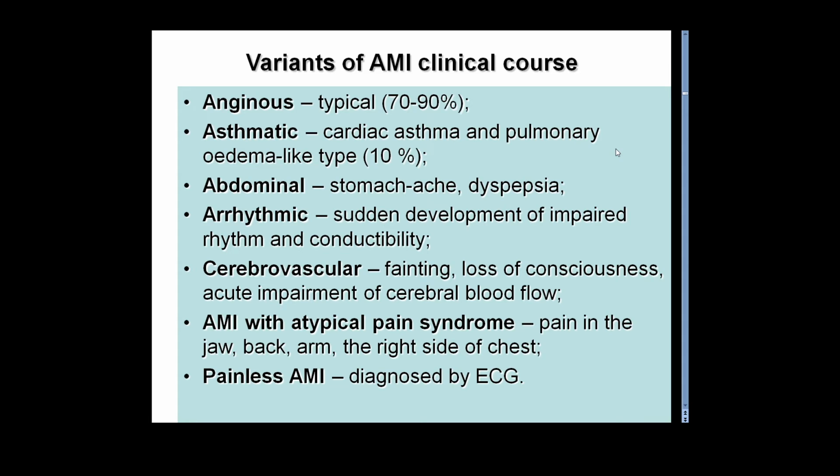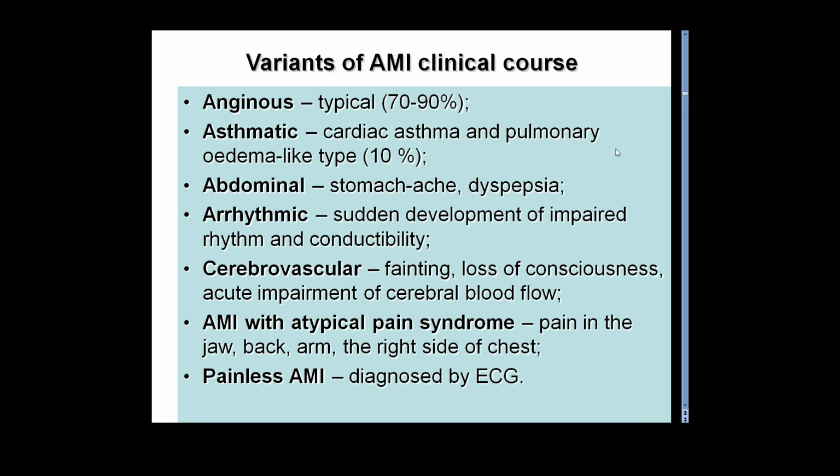The asthmatic variant is characterized by development of acute dyspnea, like cardiac asthma, with breathlessness, and in a more severe variant pulmonary edema. It occurs in 10% of all cases, with development of acute left ventricle failure.